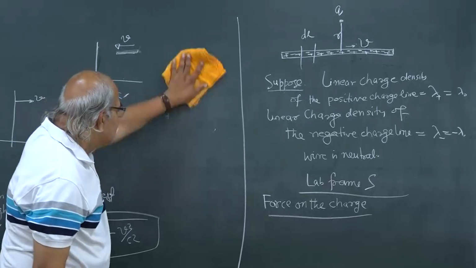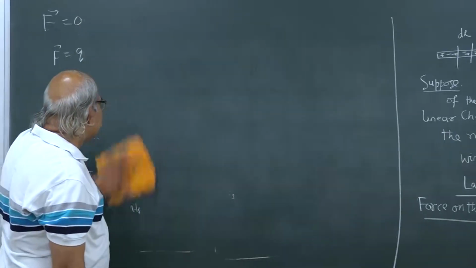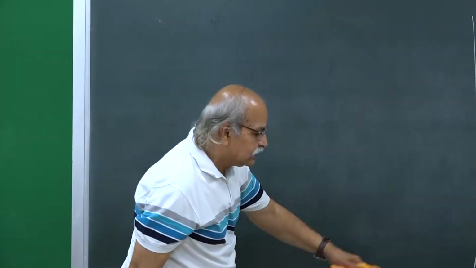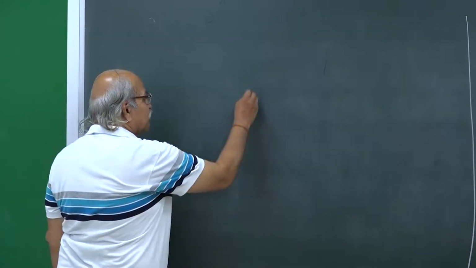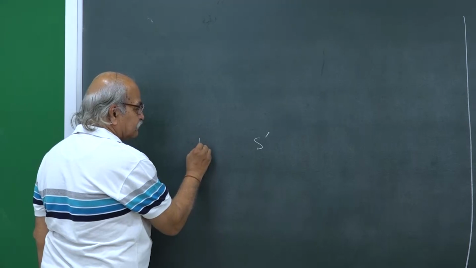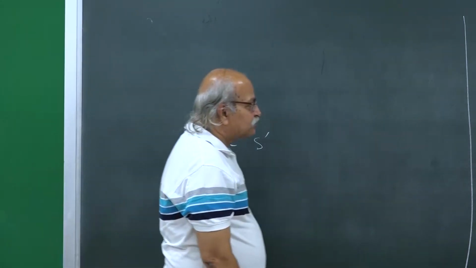Now, look at this whole situation from another frame S prime. So, in S prime what will happen? Now, let us say this is frame S prime, and what is that frame S prime?